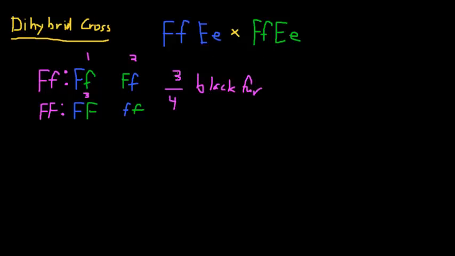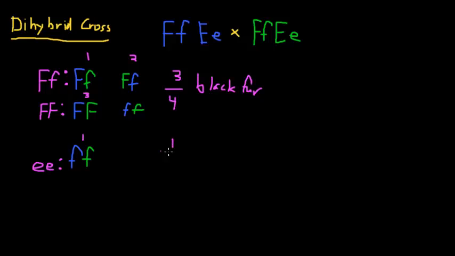Now what about red eyes? So we know that each parent can either give dominant or recessive allele for eyes, and we know that the one that we want is homozygous recessive. Therefore, we need this parent to give off its recessive and this parent to give off its recessive. There's one option.